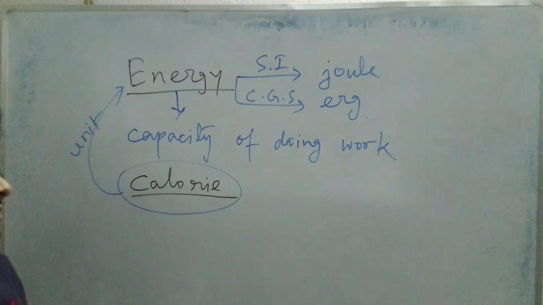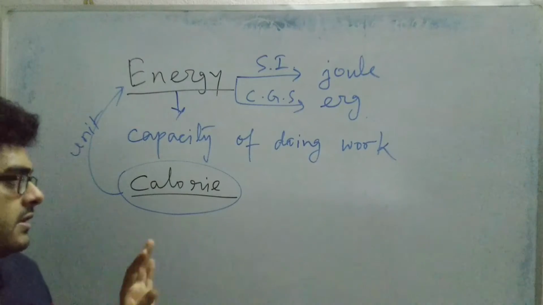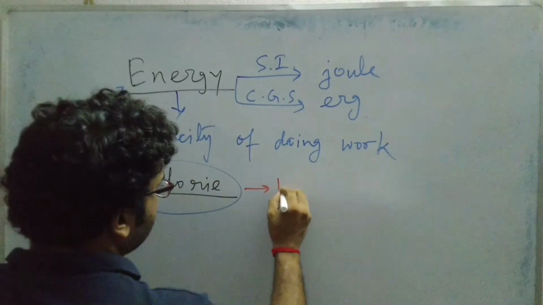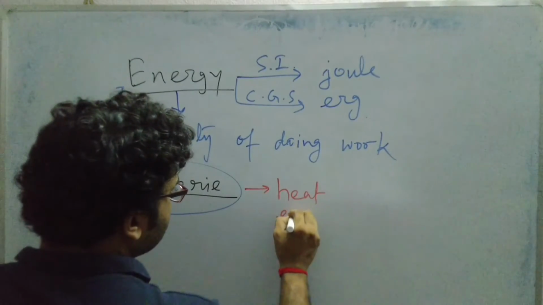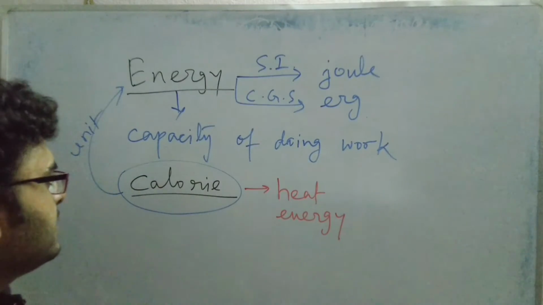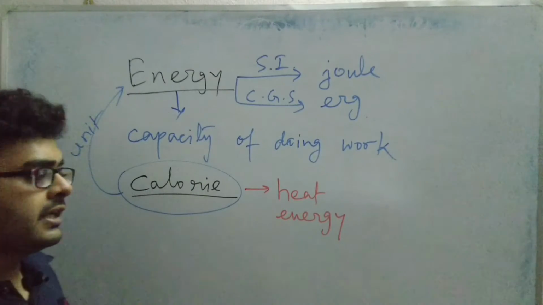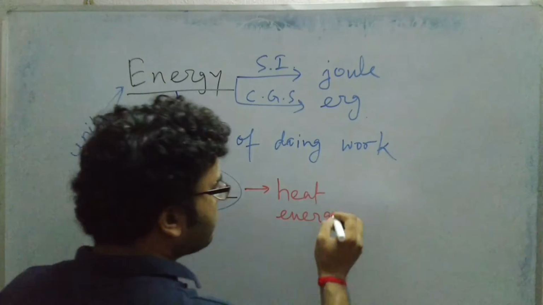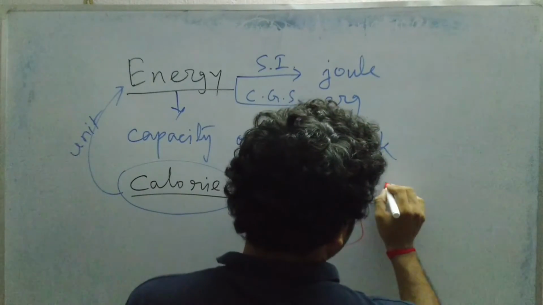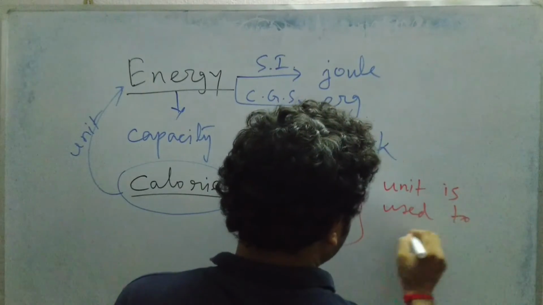But remember one thing, the calorie unit is not used for all kinds of energy. This calorie unit is specifically used for heat energy. The unit calorie is used to denote the energy which is present in either food or fuel.